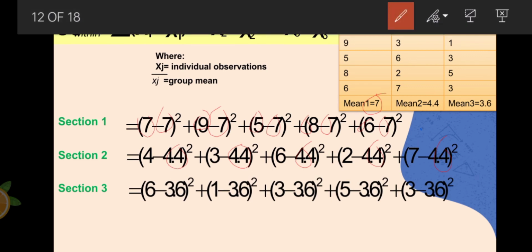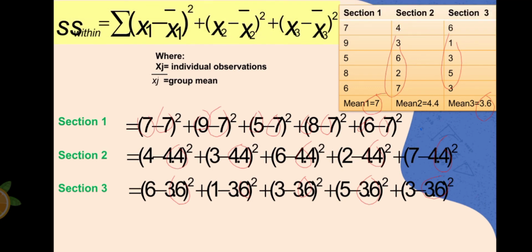We have our group mean 3.6 here, and the individual observations here. Okay, so you have to get a summation of these 3 sections. So the sum of squares within is equal to 42.5. So that would be our sum of squares within.